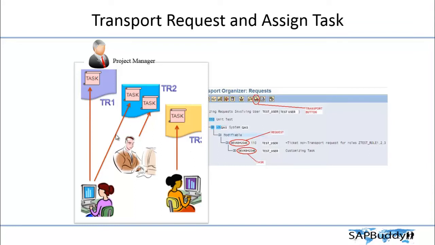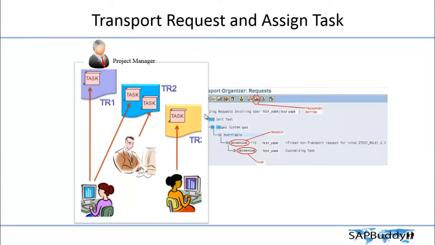So if you have multiple TRs with different tasks, the same person can use them, or a single TR with different tasks can be shared by different people, or you can also have a TR and task specific to one person. If you see it here, this TR is owned by the test user and the task is also assigned to the test user. You can also reassign this task to a different person. So it is important to know how these tasks are built and how this can be used.